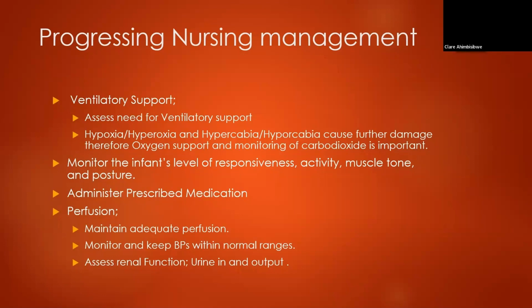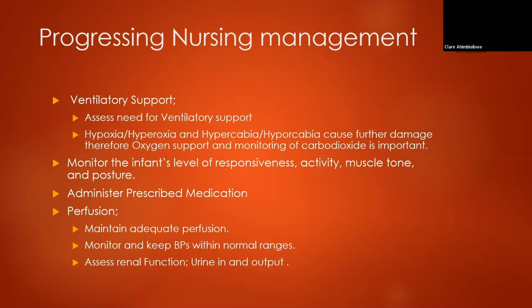There was urine retention, so suprapubic puncture was done by the doctor. However, as the nurses team, a urinary catheter was inserted to be able to monitor and maintain fluid input and output so that we are able to assess the renal function of this baby to rule out any renal injury.